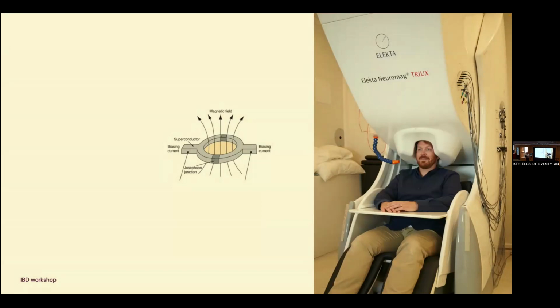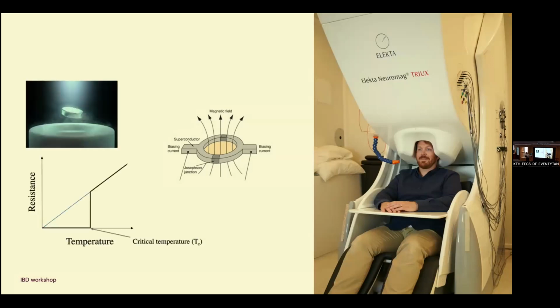I mentioned that we use sensors called superconducting quantum interference devices, or SQUIDs. Basically, they are a ring of superconductor interrupted by two weak links, so-called Josephson junctions, that you can see here. Superconductivity, for those of you who may not be so familiar, is a state where a material, when it drops below a certain temperature, suddenly goes to zero resistance.